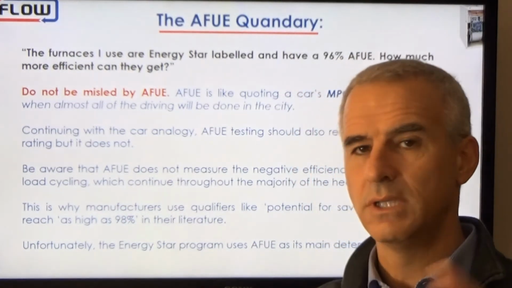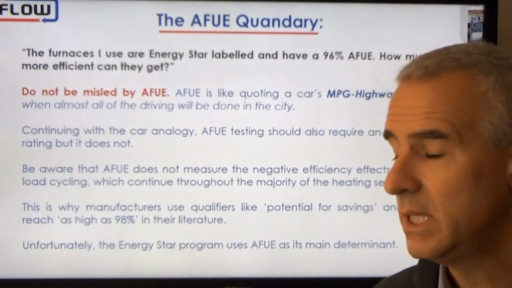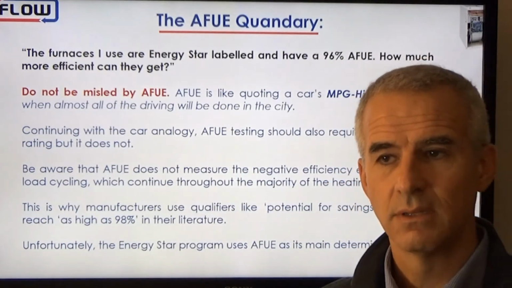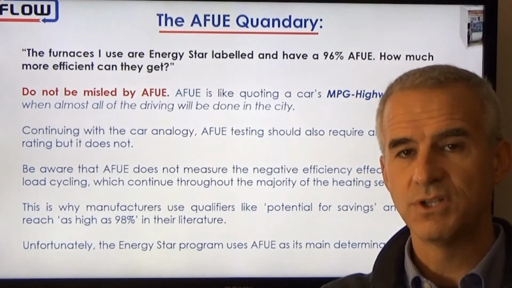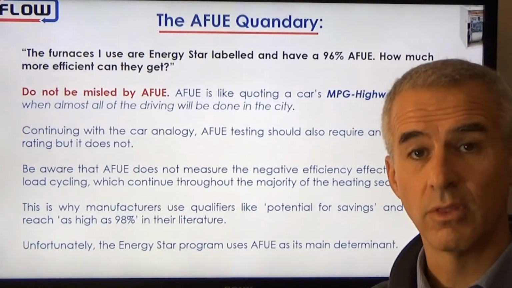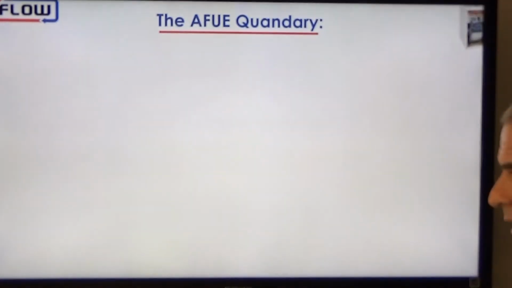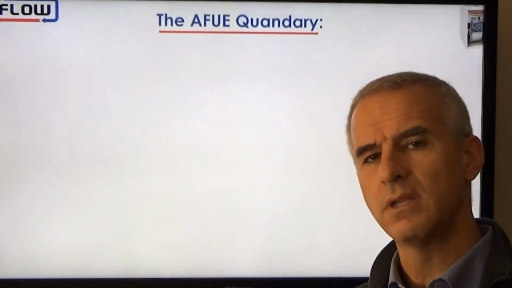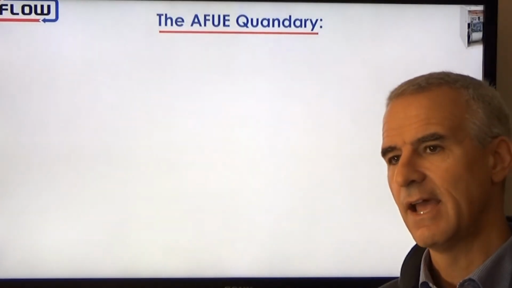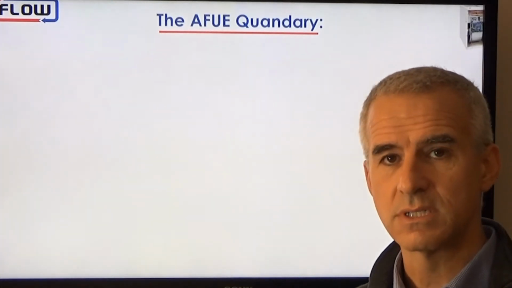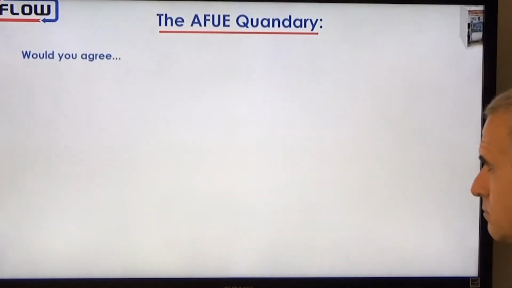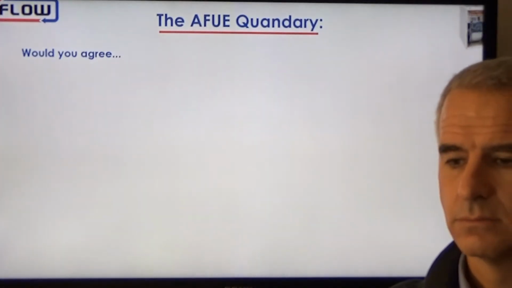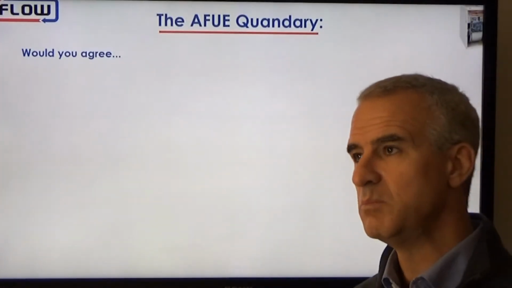So unfortunately, the whole industry is arranged around AFUE, which is, again, not a great number because it doesn't reflect the real efficiency of your system over the part loads. So that's what this study looked at. In particular, it wanted to see what the effects of that cycling are, and how the equipment operates. So I'm going to give you an example of how AFUE might be misleading.